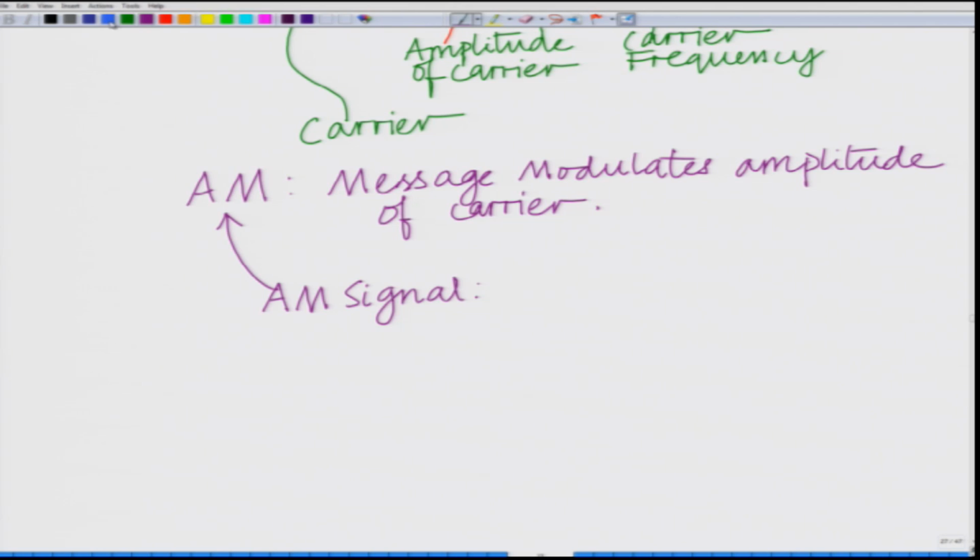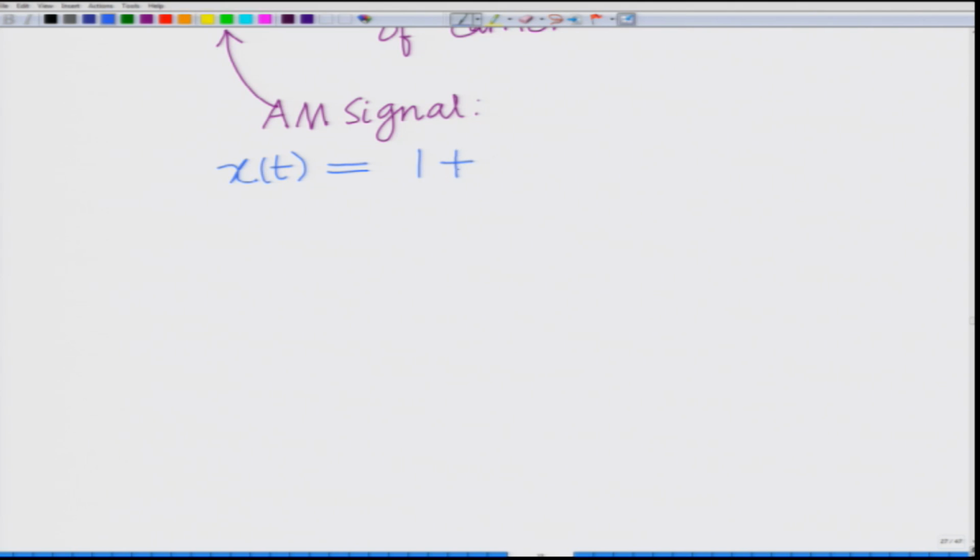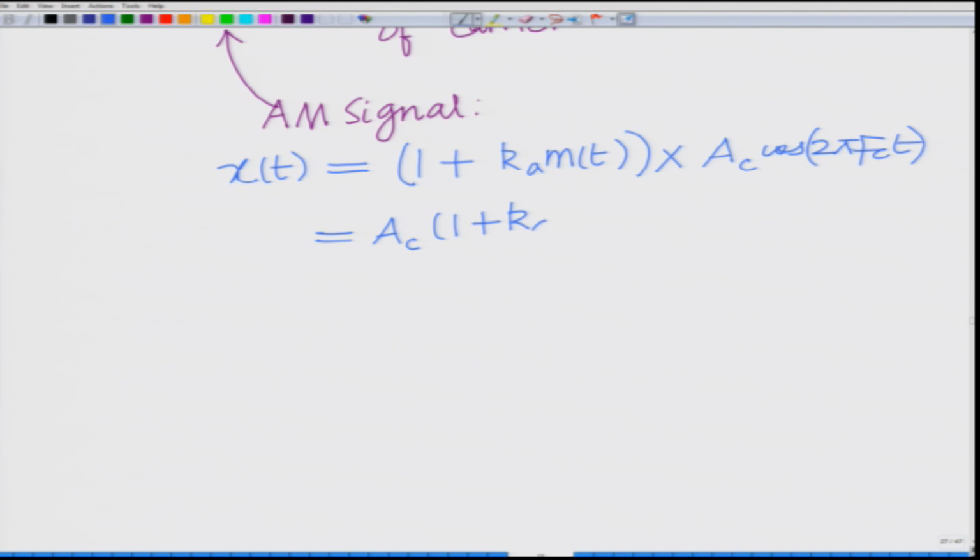The AM signal is described as x(t) equal to 1 plus k_a m(t), times the carrier, that is A_c cosine 2 pi f_c t, which is also basically A_c times 1 plus k_a m(t) into cosine 2 pi f_c t.